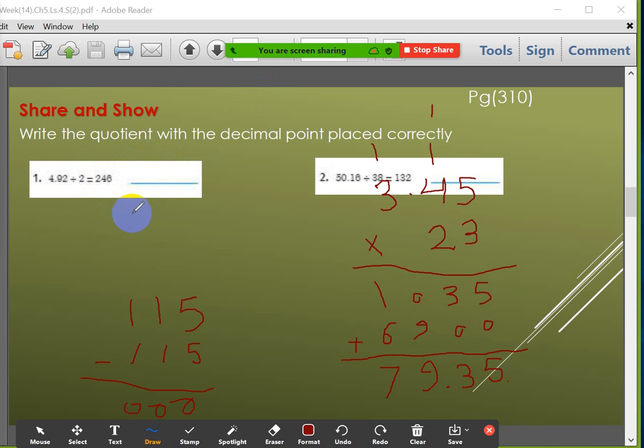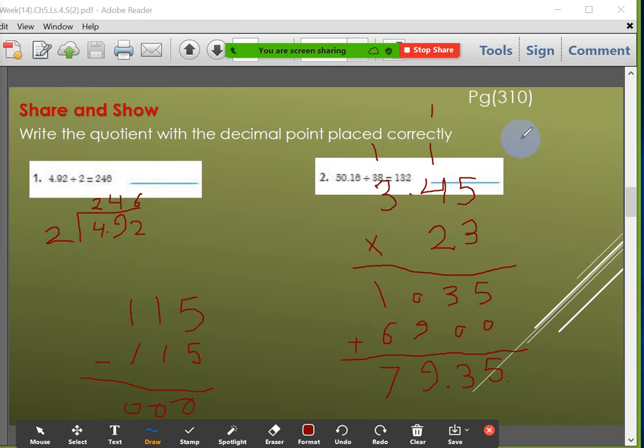Look, if you divide, as an example, 4.92 by 2, so look, the answer is what? 2, 4, 6, right? Where will the decimal point be?